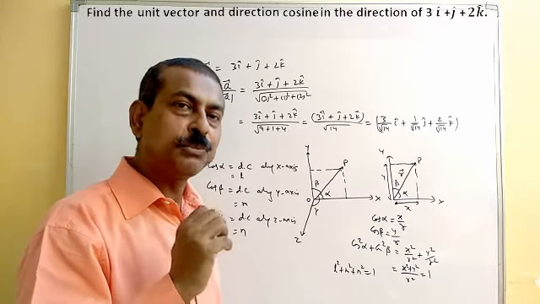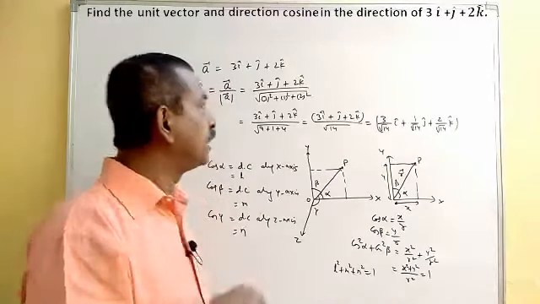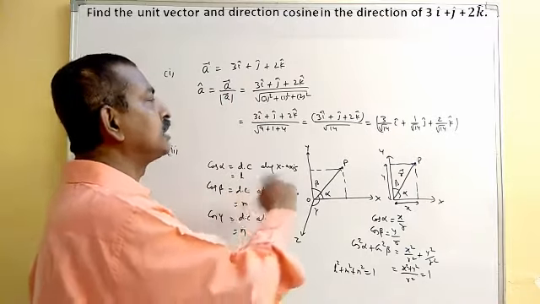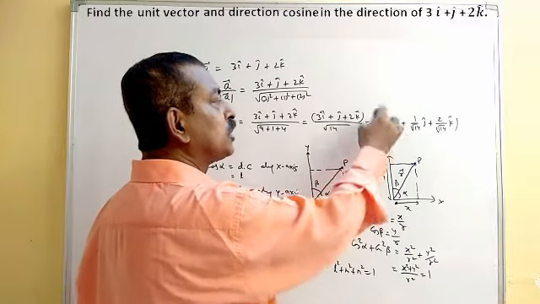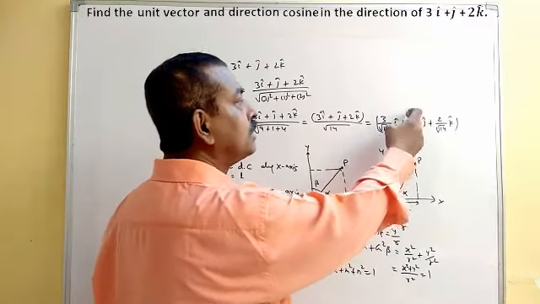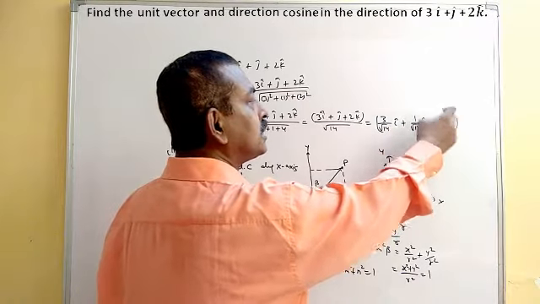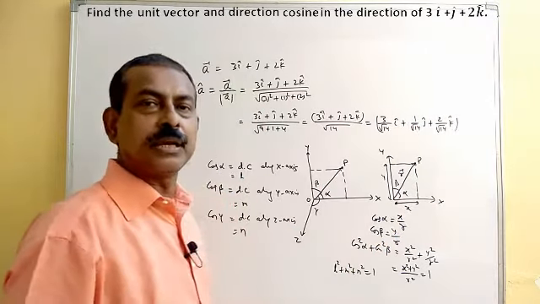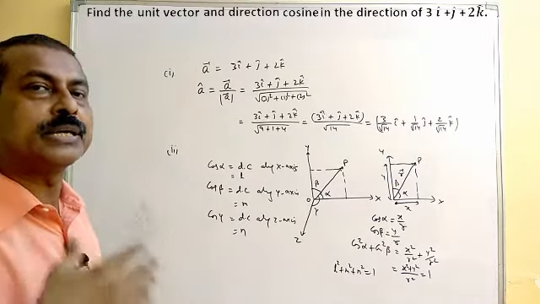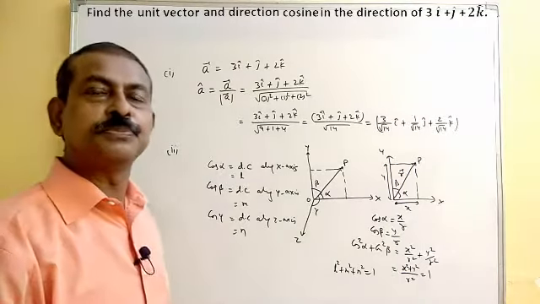So if you have these components, if I square them and add, you will get the square of this magnitude.